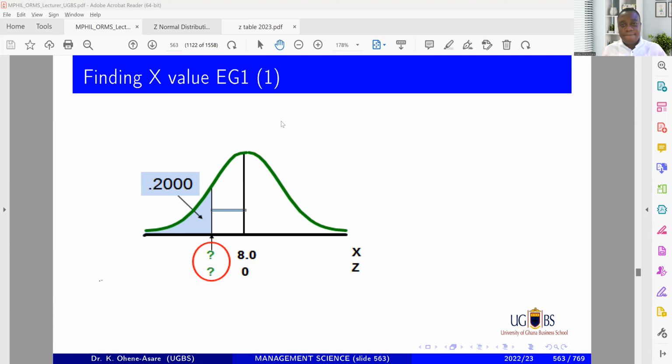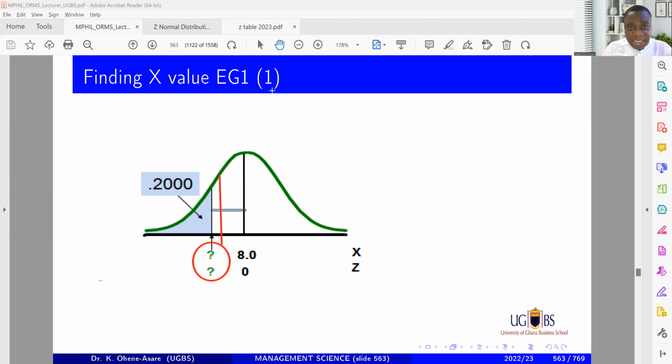My question is, if the question had been 30%, would we have found the Z value for 20 instead? Excellent. If it had been 30%, that would be here.